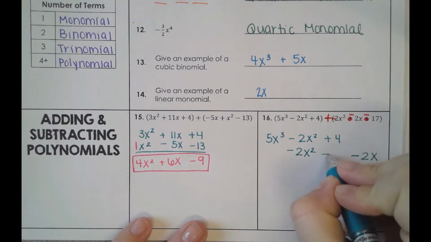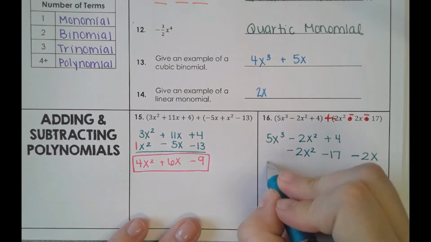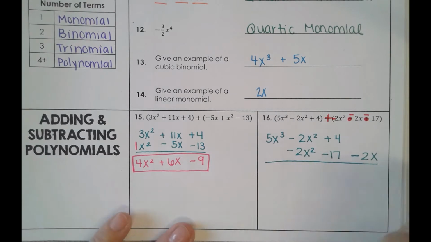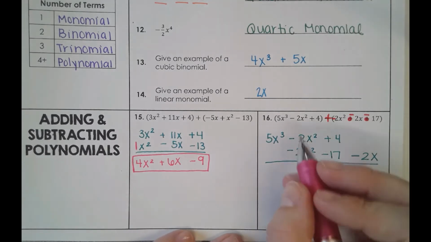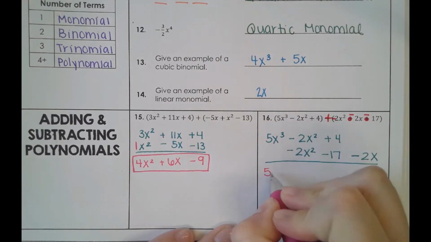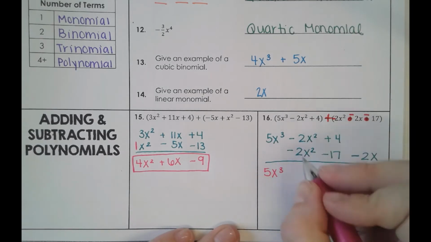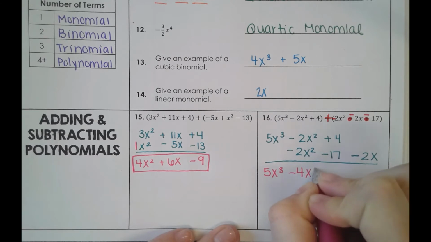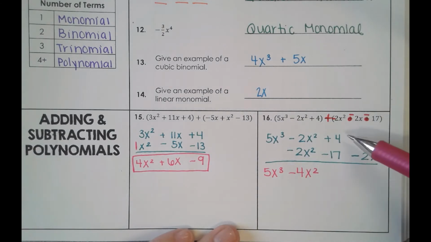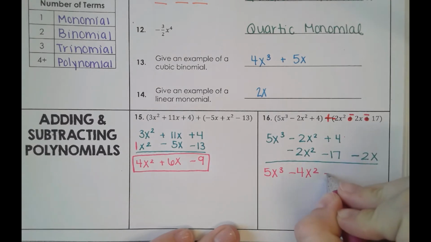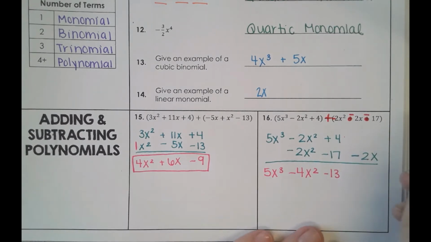And then the minus 17 can go under the 4. And then we add straight down. 5x cubed. Negative 2 and negative 2 is negative 4x squared. 4 minus 17 is negative 13. And then we have negative 2x.